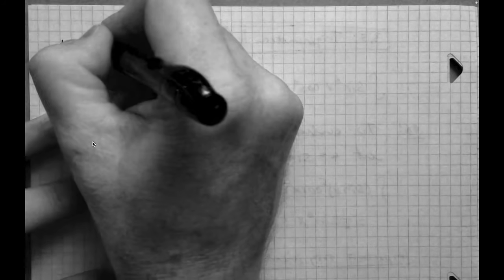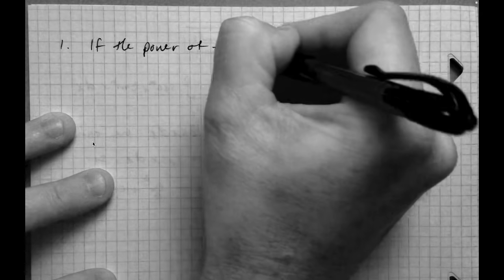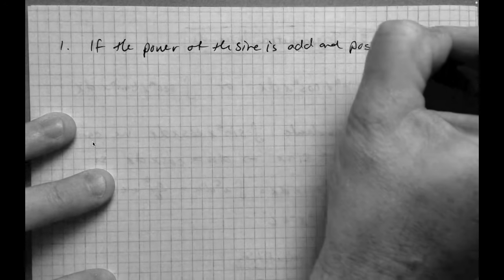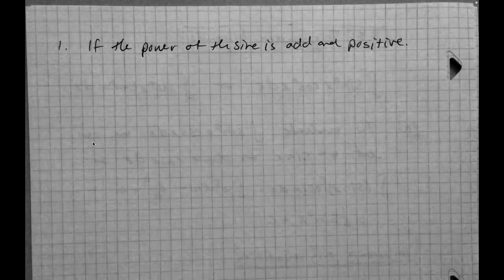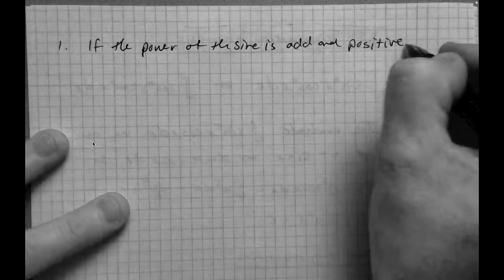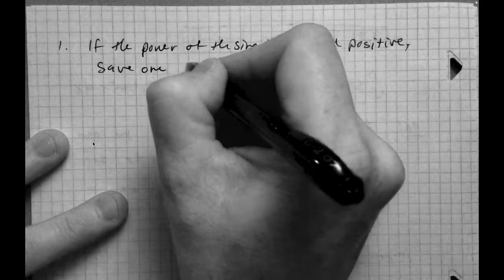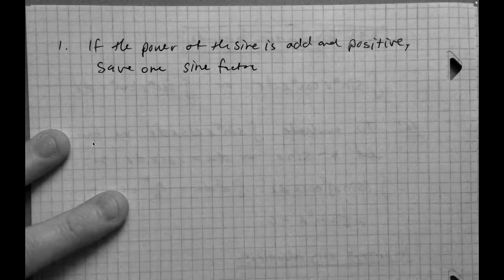So the first thing you might see is the following. If the power of the sine is odd and positive, what we're going to do is save one sine factor and convert the remaining factors to cosine.